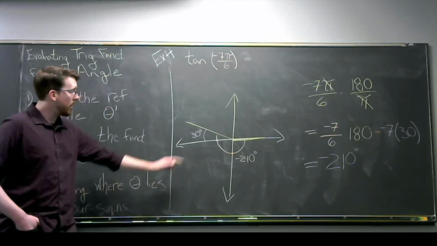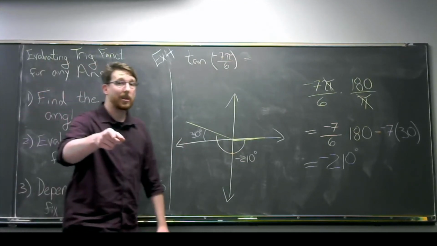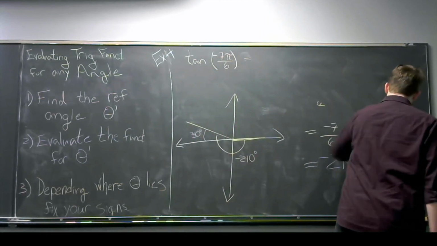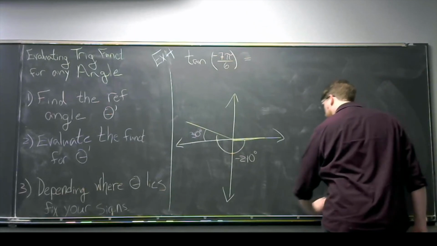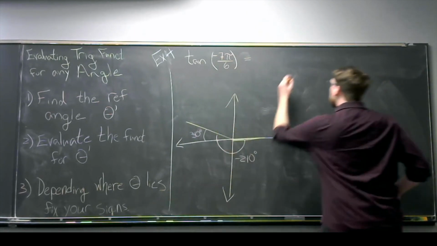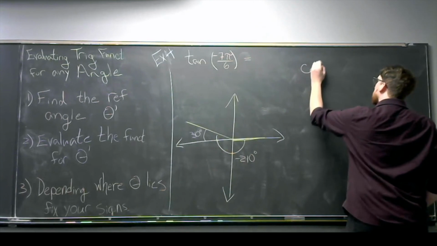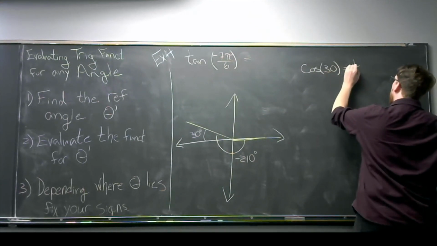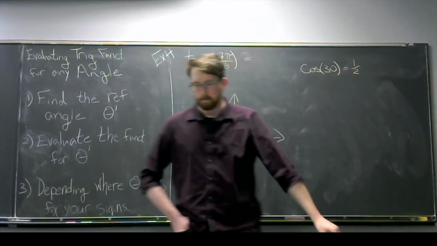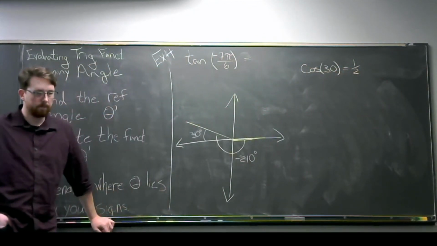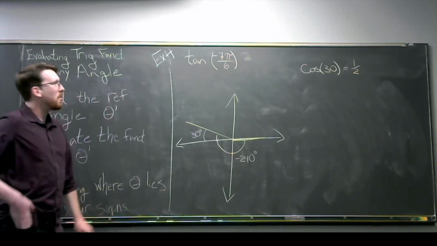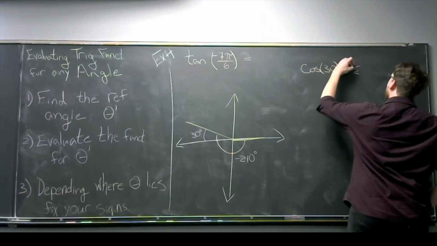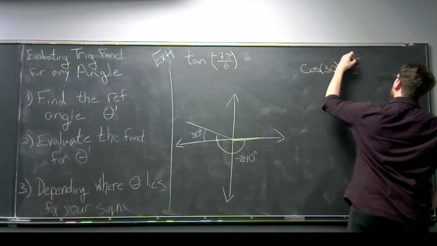And because this angle is 30 degrees, and I know my unit circle, I know that cosine of 30 degrees is equal to 1/2. My mistake, I meant to say sine. No, cosine of 30 degrees is equal to square root of 3 over 2.